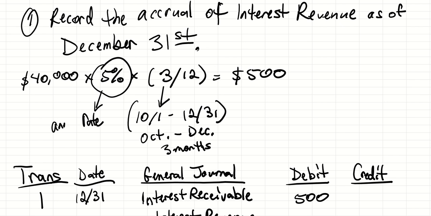Okay, annual rate, which means that we're going to have to break it down by 3 months. So 3 out of the 12 months throughout the year. That gives us $500 here that needs to be accrued in the company's books as of December 31st. So these 3 months from August 1st through December 31st is what needed to be accrued in the books as interest revenue.